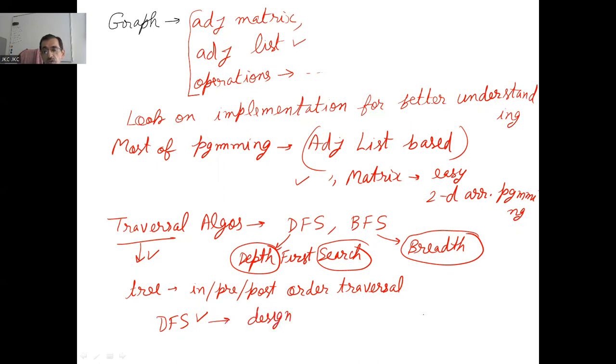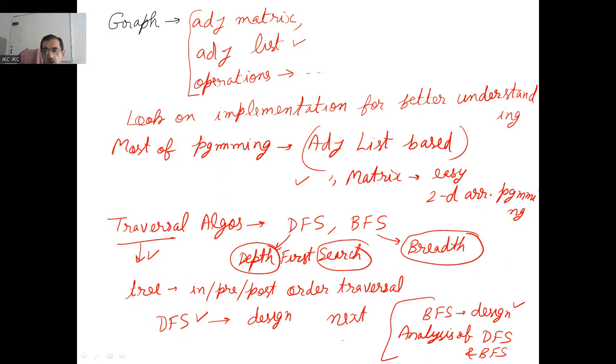Next class, we are going to do BFS design, and along with BFS, we are going to do the time complexity analysis of DFS and BFS. So that we will do in the coming class. But today we are going to talk of DFS mainly, and it will give you time to practice and understand these concepts also. So let's understand how DFS works.